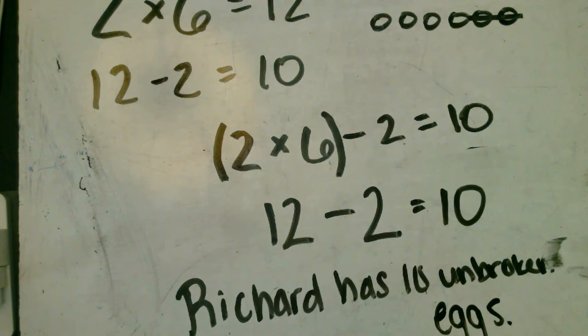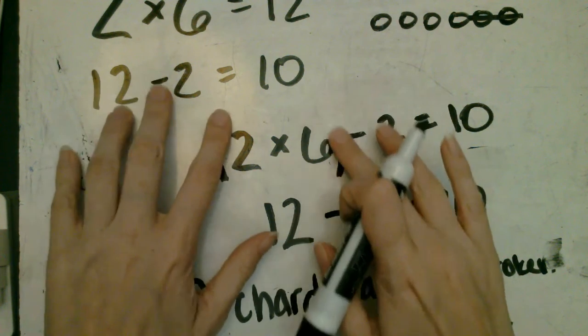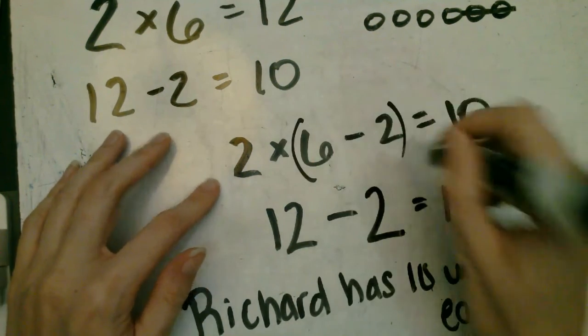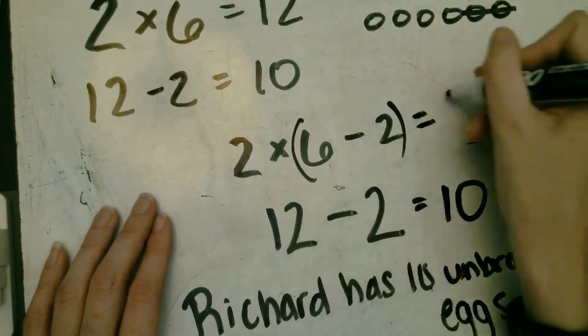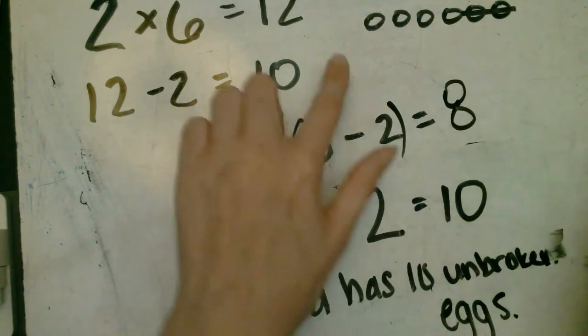We were able to do a problem with 2 different operations by using parentheses to help show us where to start. Parentheses can change your answer. Like we saw in the beginning, when we started with 6 minus 2, our answer actually became 8. And that's not what we were looking for.